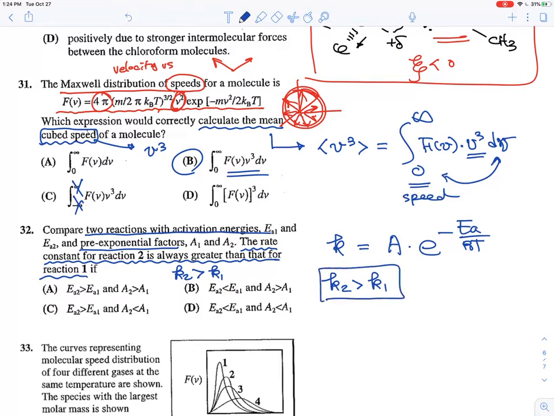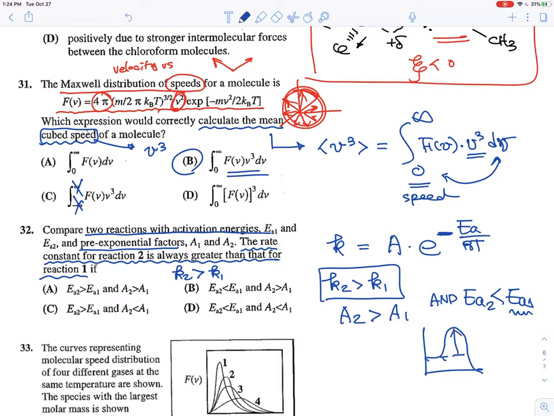So to make that happen, either A2 is bigger than A1, and actually this is a negative term with activation energy. So activation energy for 2, activation energy for 1. Which one is bigger? This one. So activation energy is something more like a resisting force, right?